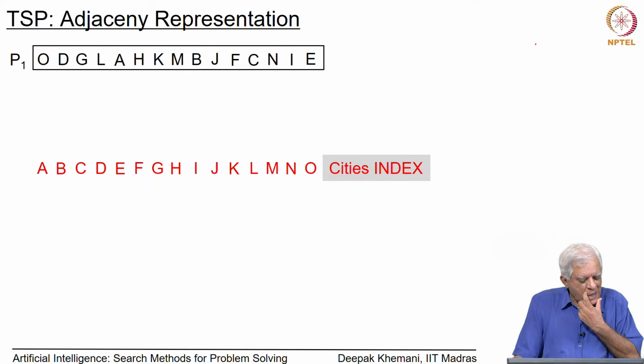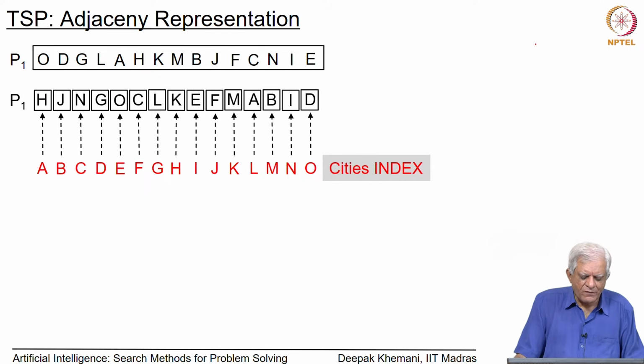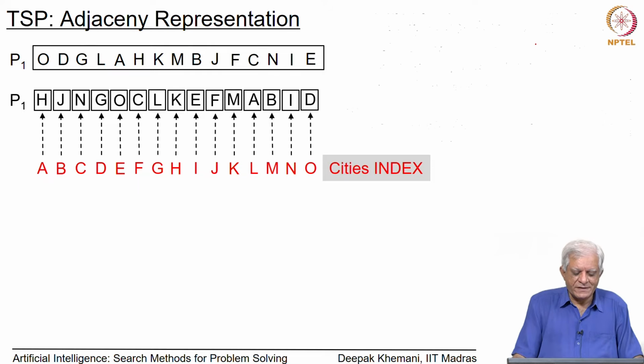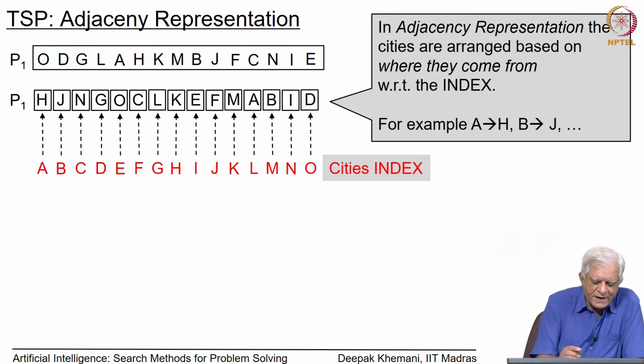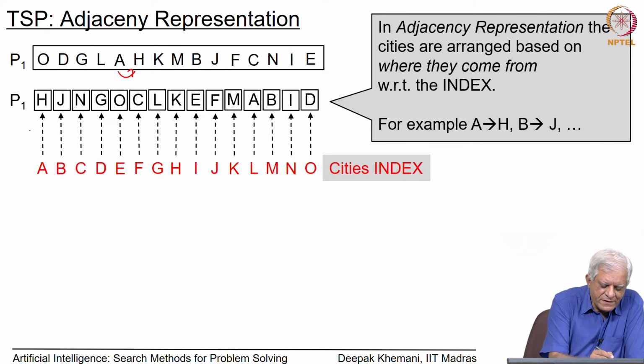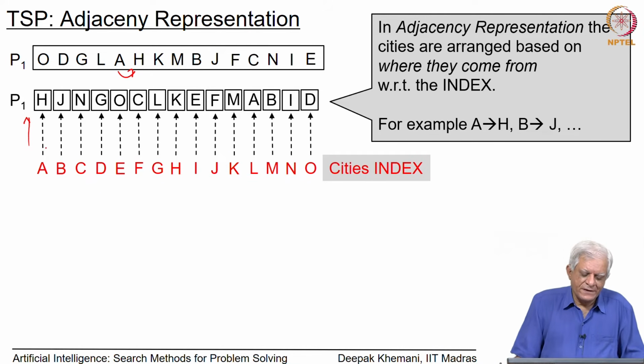We use this index to access parts of the tour, and in the adjacency representation we create a representation which tells you where you came from, essentially. If you look at this in the path representation, you went from A to H, and in the adjacency representation this is shown by storing H in the first location, and the first location signifies that from the first city in the index, where did you go.